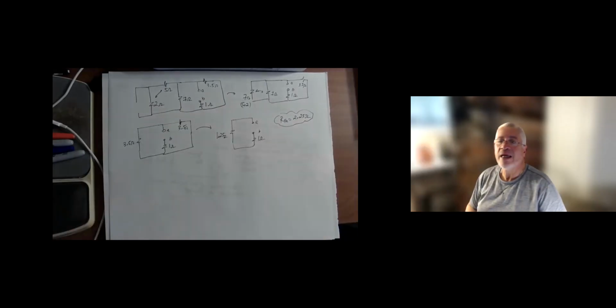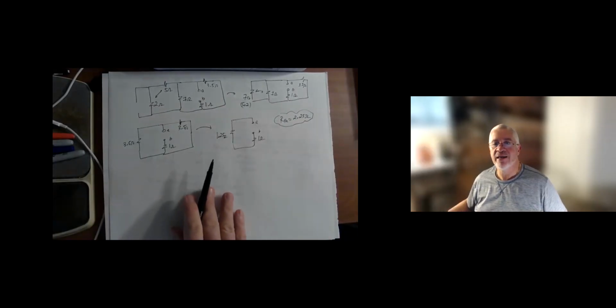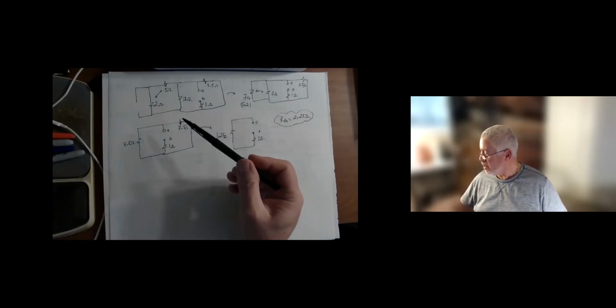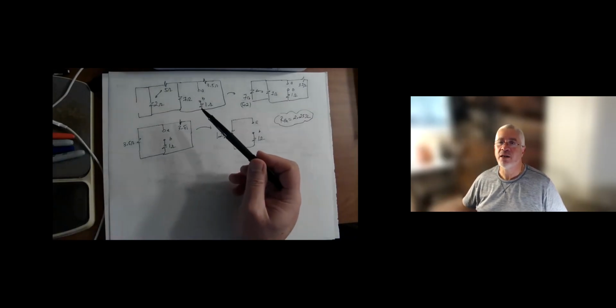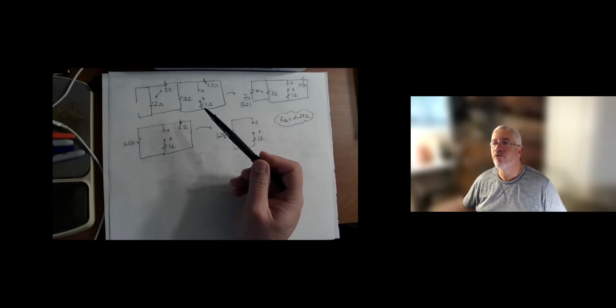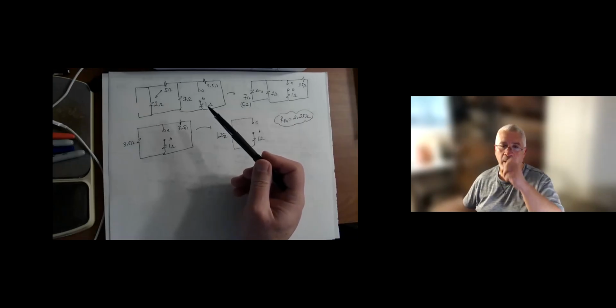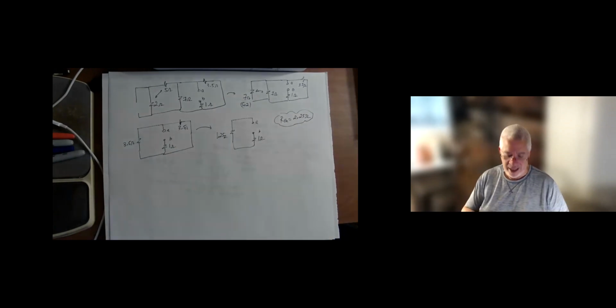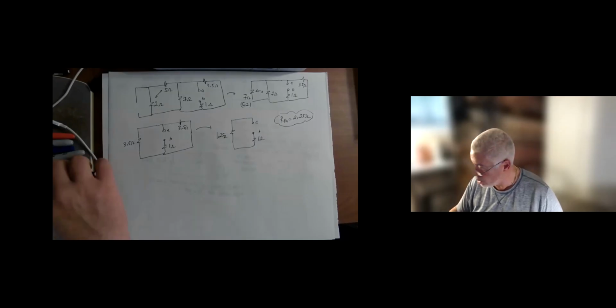If you have any compunction about combining resistors, just take a little bit of paper and do this. Do it step by step. It's going to save you a lot of points lost on sometimes really basic circuit solutions. Just wanted to show you that as a good example of good practice when you're solving circuits.